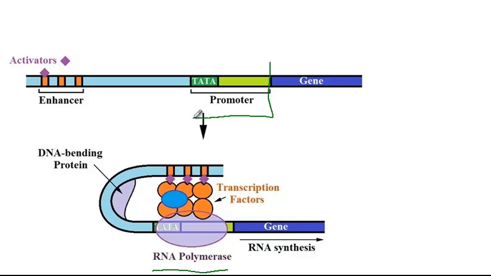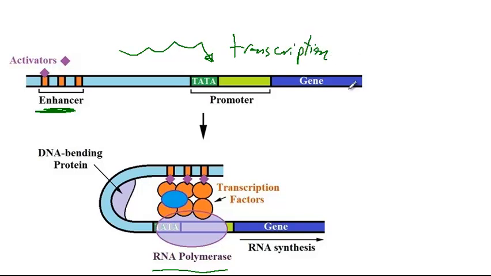This promoter's activity can be affected by other DNA sequences, and these include, for instance, enhancers, where activator proteins bind to it, and it changes conformation in order to bend the DNA and enhance binding of transcription factors. So by doing this, enhancers can promote the transcription process.